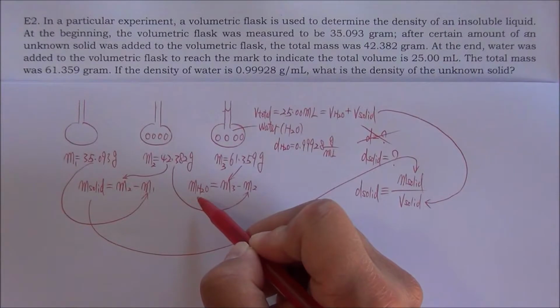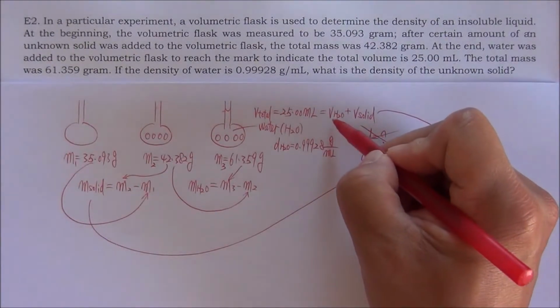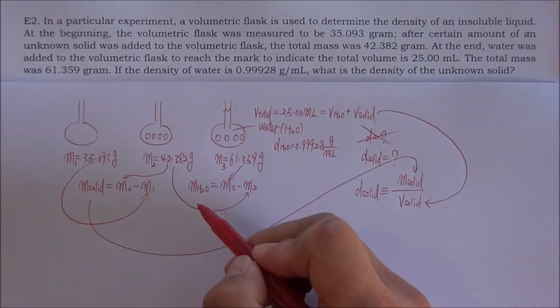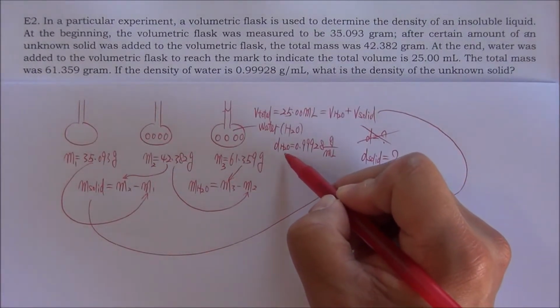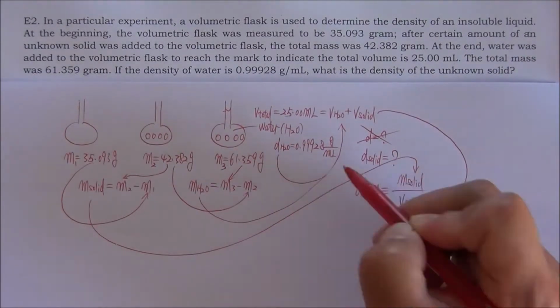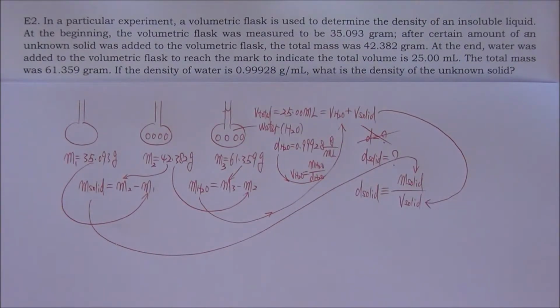If you really know the density formula well, then you will immediately realize that we can calculate the volume of the water from the mass of the water and the density of the water. Well, it seems we can calculate the density of the solid from what we are given. Well, after our second step, this is what we are going to get.